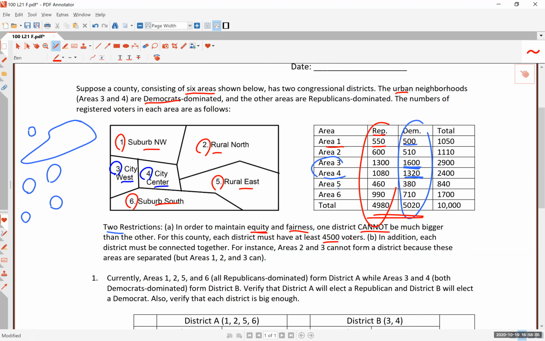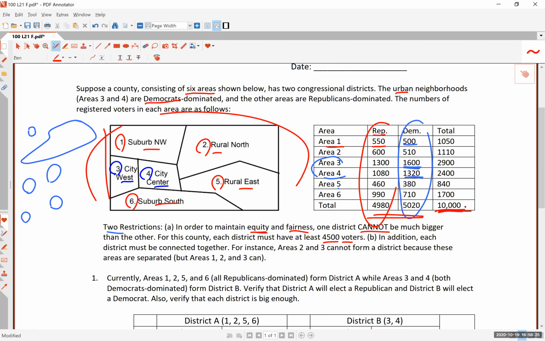So you can't have a district that consists of just 20 voters, or 200 or 2,000, because you're only dividing this whole thing into two districts. By the way, the total number of voters in this entire county is 10,000.